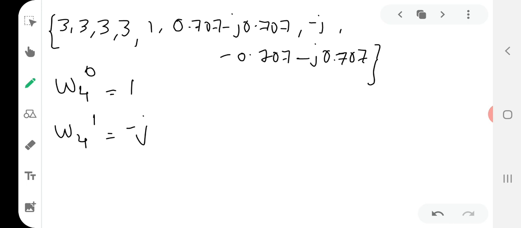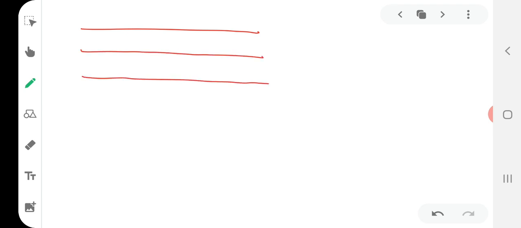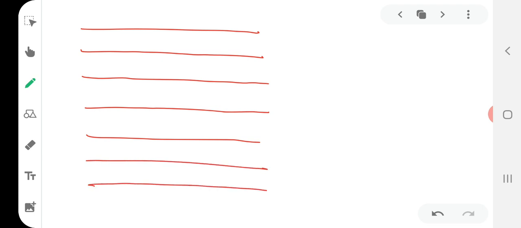Now how will we draw the lines? See here again, 8 lines, 1 2 3 4 5 6 7 8.